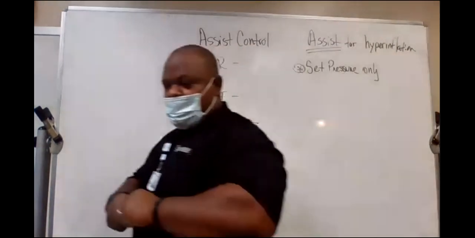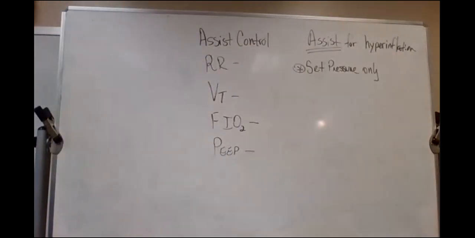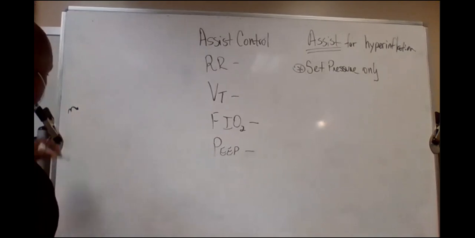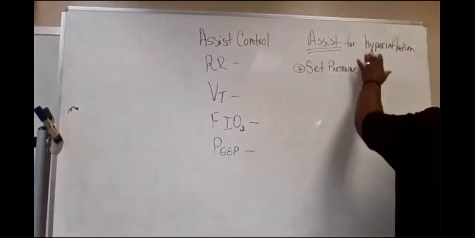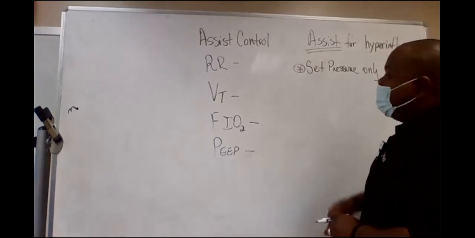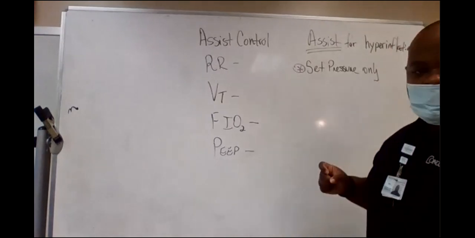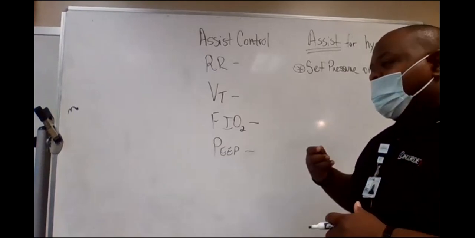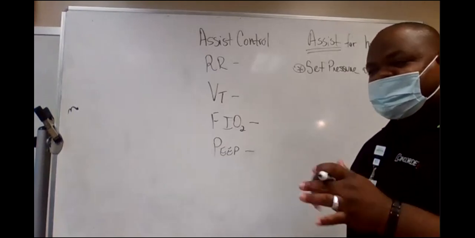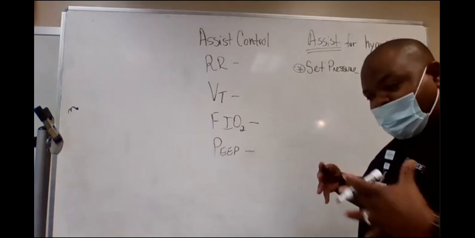This one's going out on me. Yeah, like that. For assist mode, for hyperinflation only, we give set pressure, right? Whether that's 20 centimeters of water, 30, 40, that's about as high as they go, just for hyperinflation.